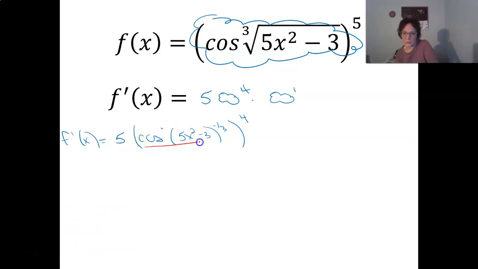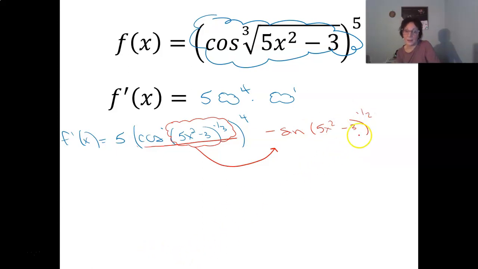Now I need to take the derivative of this. If I want to take the derivative of the cosine of something, that's the negative sine of that something, chain rule times the something, right?